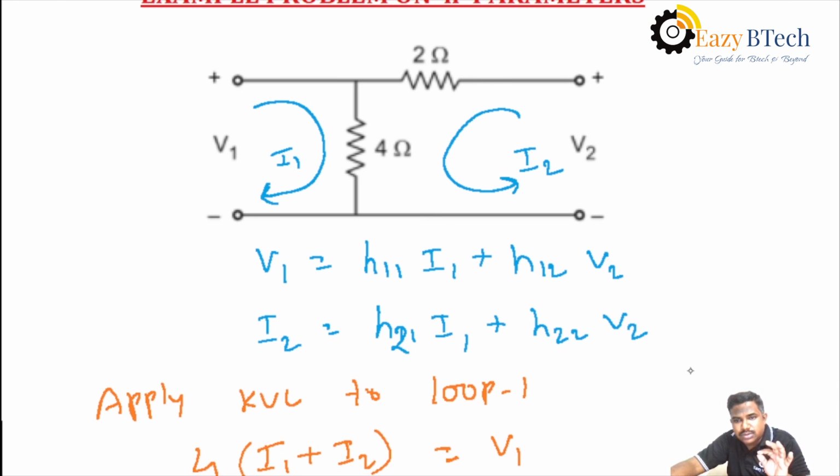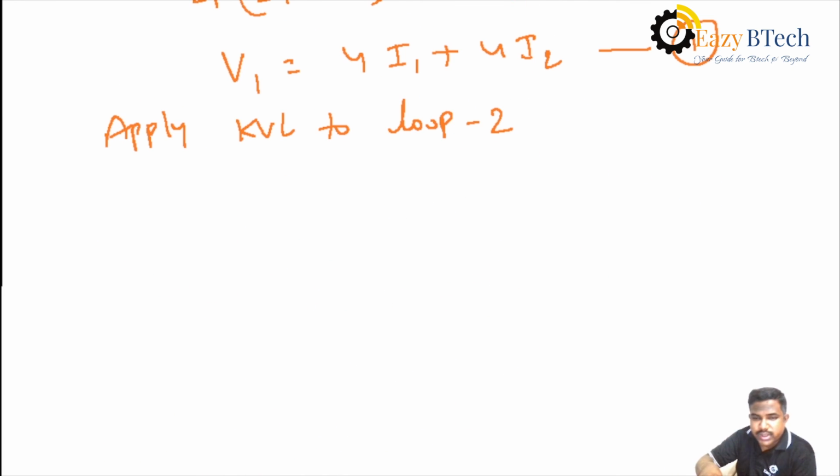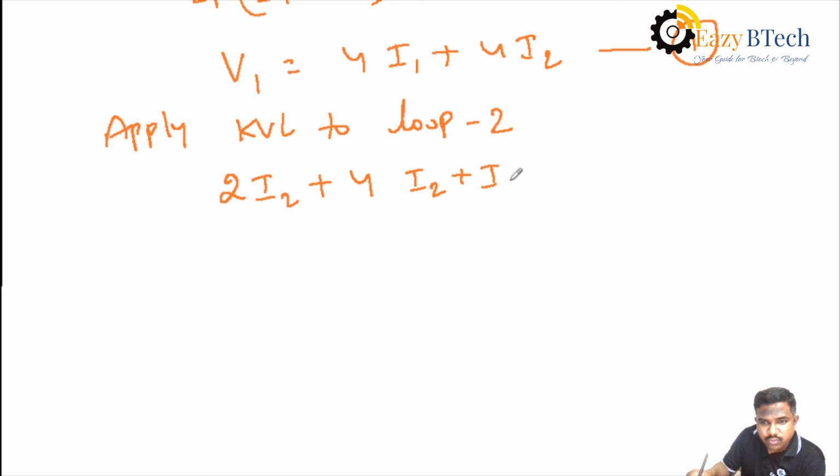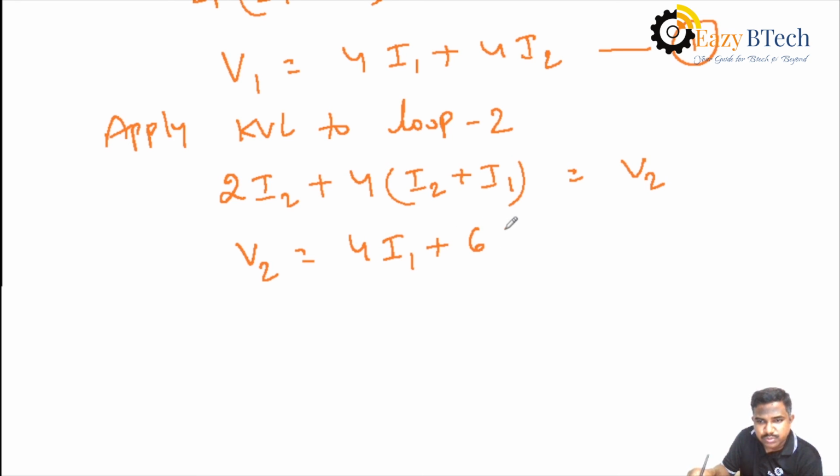Then in the 4 ohms, I1, I2 both are passing in the same direction. Then according to KVL, that is 2 into I2 plus 4 into I2 plus I1 equal to V2. Through the V2 source, the current I2 is passing from lower potential to the higher potential. Therefore, V2 equal to 4 into I1 plus 2 plus 4 equal to 6, 6 into I2. Then this is equation 2.